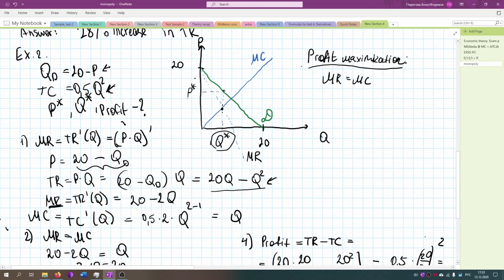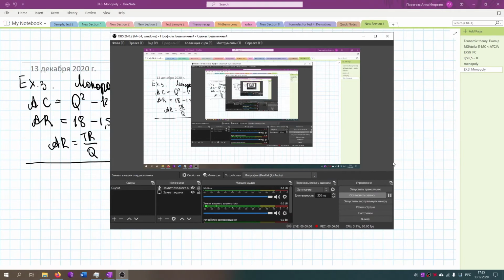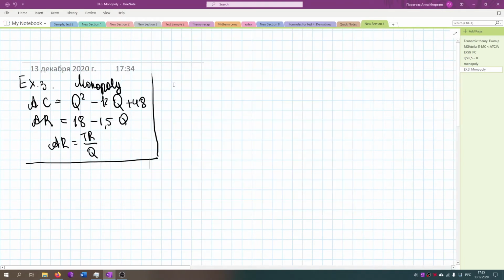That's all about this task. And now our last exercise about the monopoly. So we have our average cost function, our average revenue function, and we know that average revenue is total revenue divided by Q. So first of all, let's calculate total cost and total revenue functions.